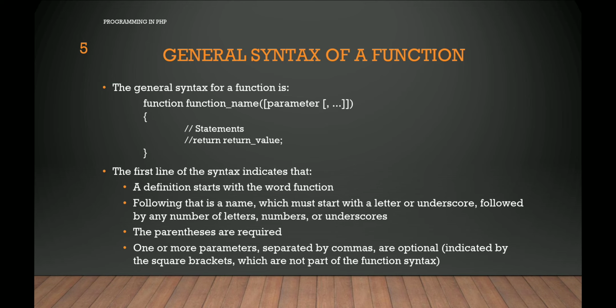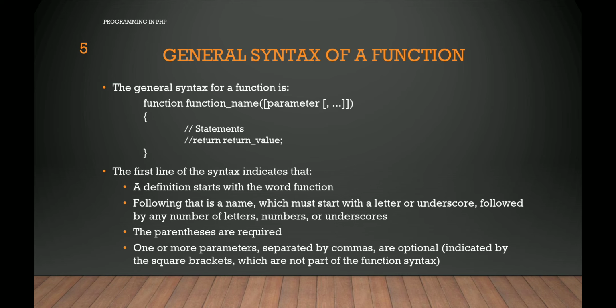The first line of the syntax indicates that a definition starts with the word function. In Java, C and C++, the function keyword is not used; generally a void or other return data type comes first, then the function name, then the parameters. In PHP, with the help of the keyword, we can understand that this is a function.